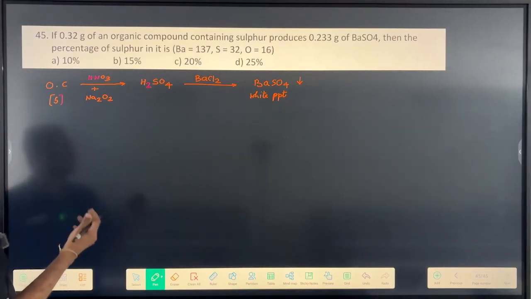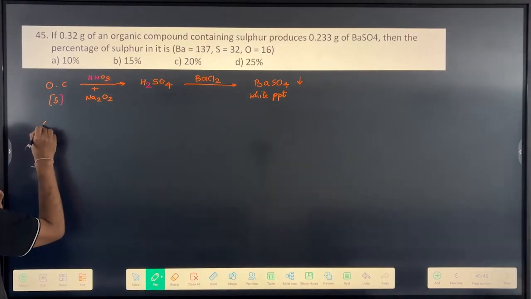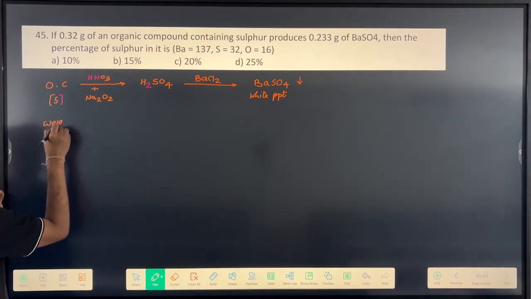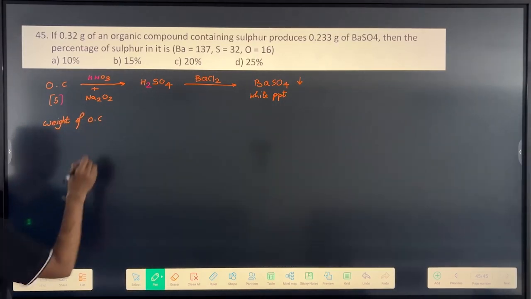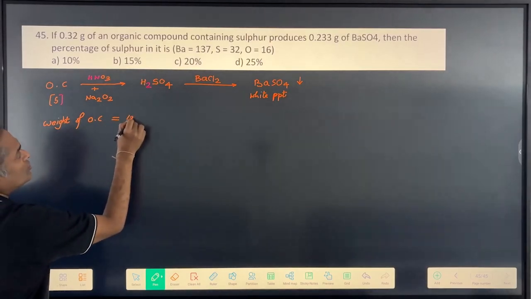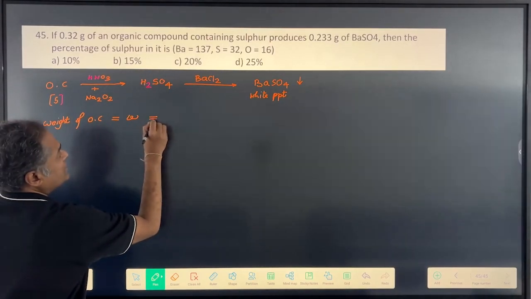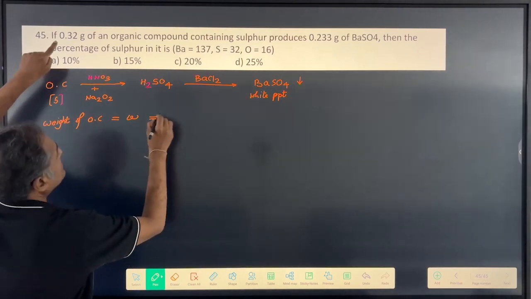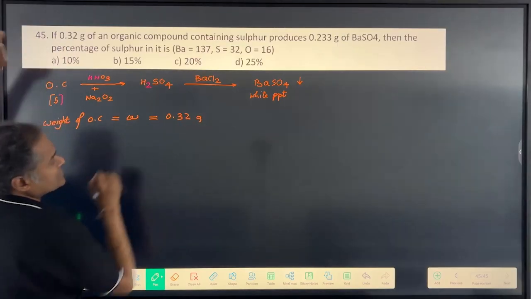Now what do we get from this information? First of all, the weight of the organic compound is given as W, correct? And its value is 0.32 grams.